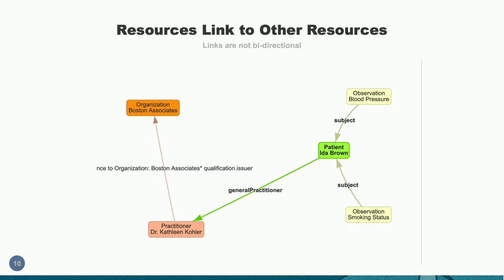They're obviously very different kinds of observations. She has a directed link to her practitioner, Kathleen Kohler, who also has a directed link from her resource to the organization she belongs to. So this is very typical in FHIR.